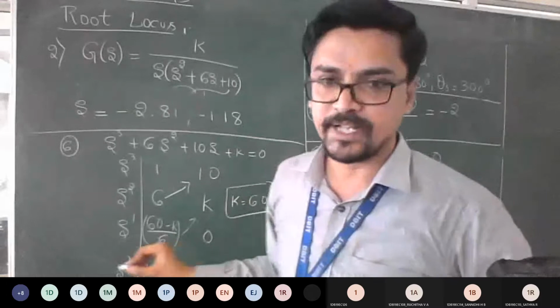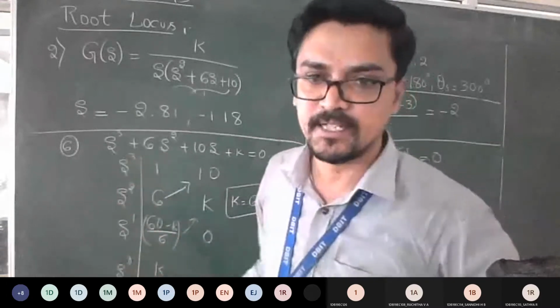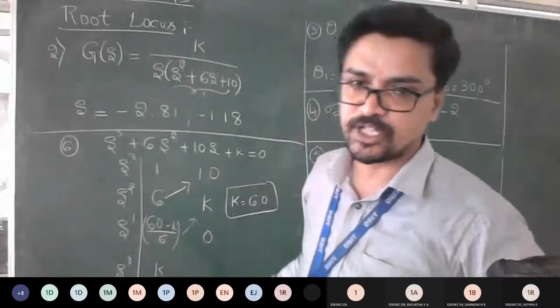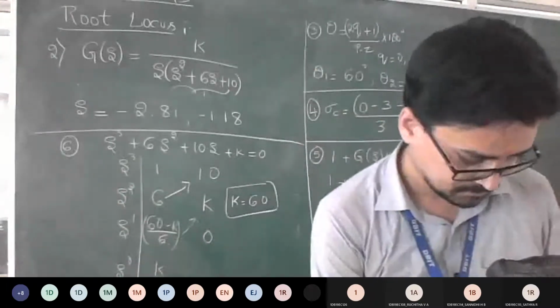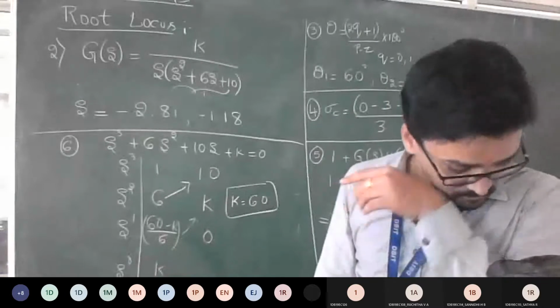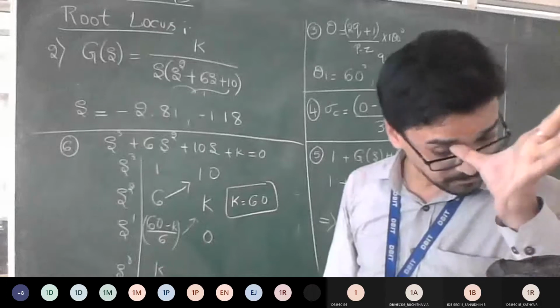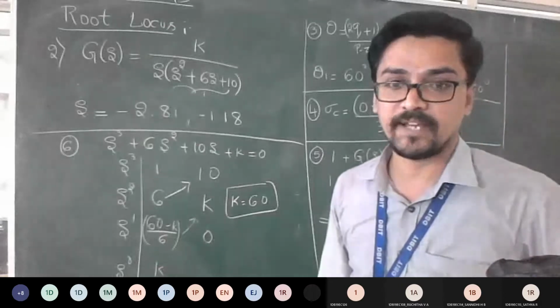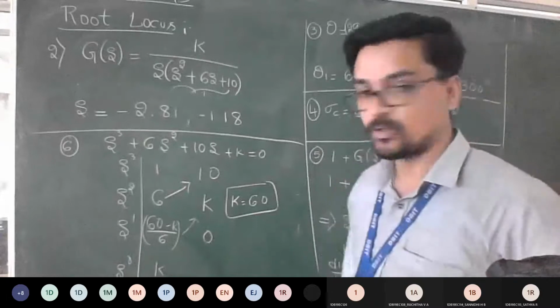K is nothing but the margin. I already told you the hint. Once you find k, I am supposed to find what values of s will intersect. So what is the value of s now? How to check?